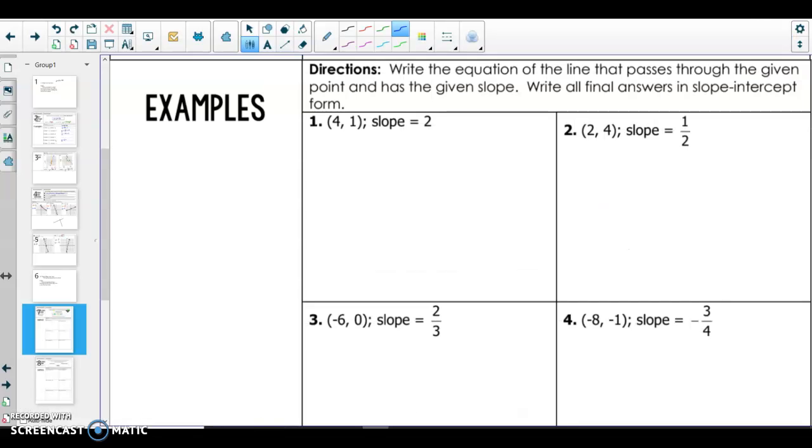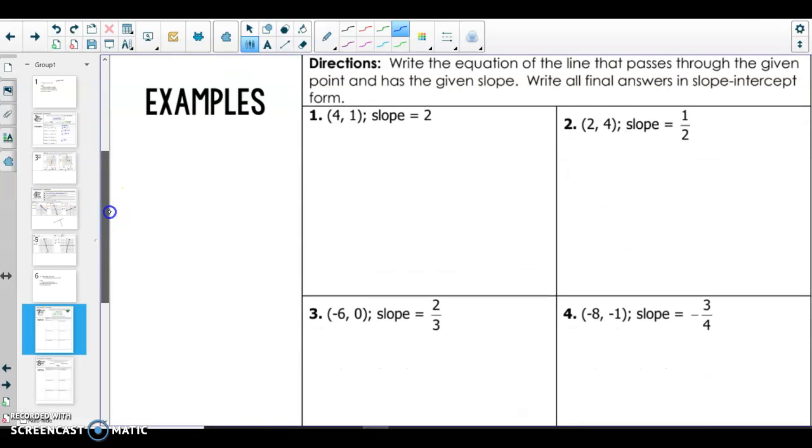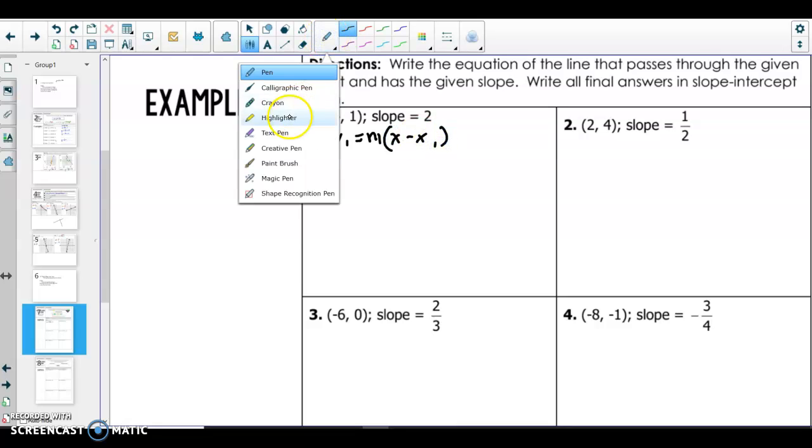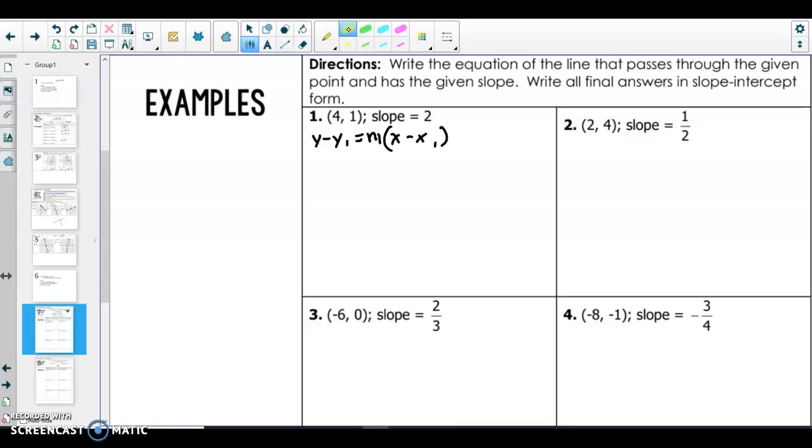Let's go ahead and look at these. I'm going to go ahead and write my formula again one more time. y minus y1 equals m times x minus x1. Good. And then I'll try to color code these so that you can see what's going where. But here's our slope, which is 2. That's going to go in the m spot. We've got our point, so the x value of 4 is going to go here, and the y value of 1 is going to go right here.